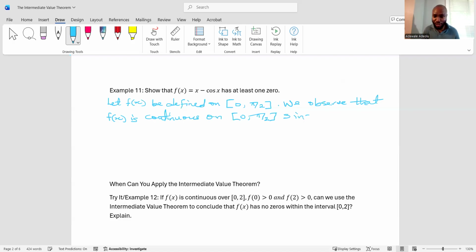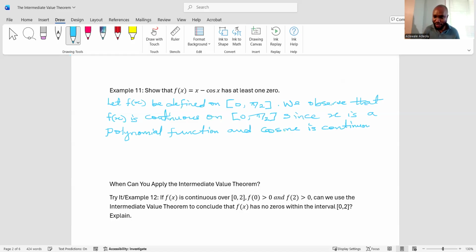Since x is a polynomial function, and cosine is continuous.